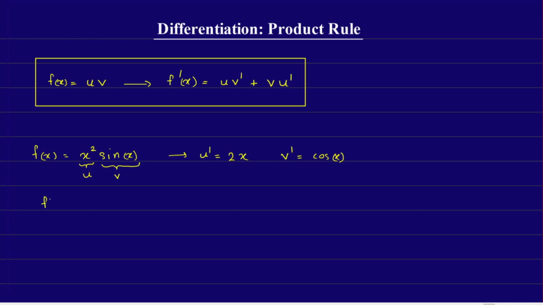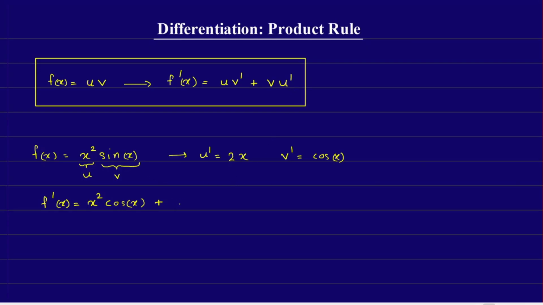So with that we have f dash x equals u v dash, so u is x squared, into v dash, which is cos x, plus v u dash.